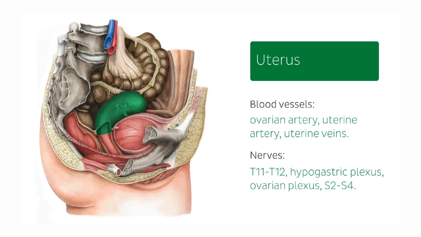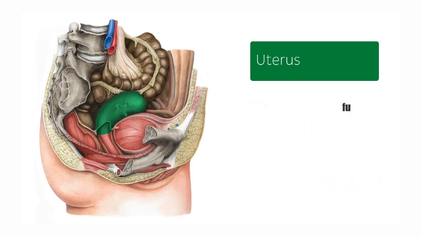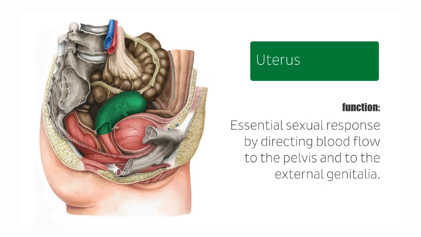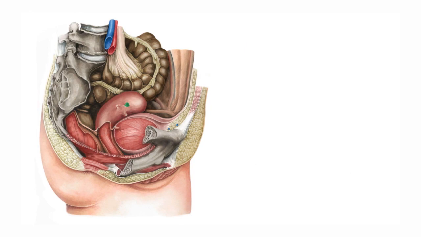There are also different roles associated to the uterus, and the uterus is essential in sexual response by directing blood flow to the pelvis and to the external genitalia, including the ovaries, vagina, labia, and clitoris. The reproductive function of the uterus is to accept a fertilized ovum from the fallopian tube, which happen to be the next structures that we're going to be highlighting here.